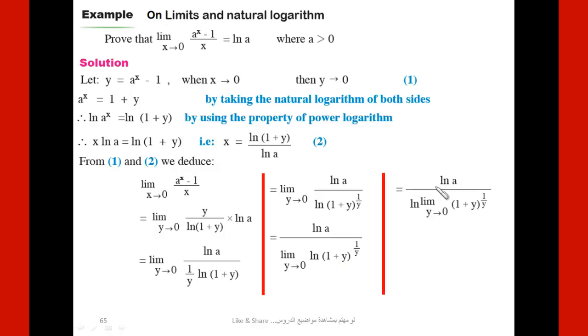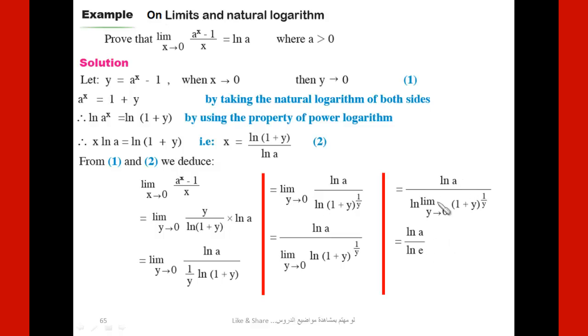We can replace ln with limit, so we can write it as ln limit 1 plus y all power 1 over y when y tends to 0, and limit 1 plus y all power 1 over y when y tends to 0 equals E. We studied in the previous lesson.